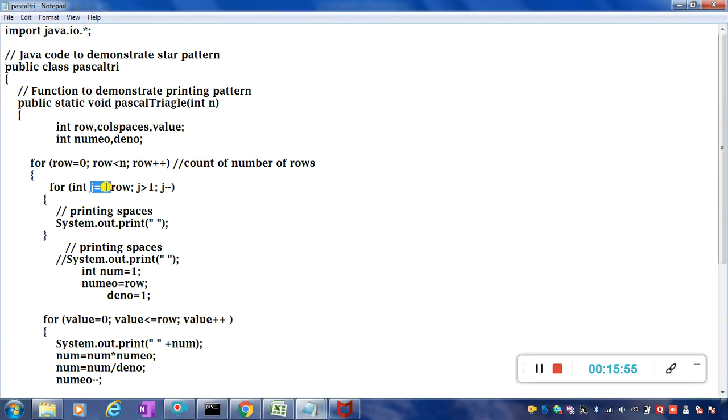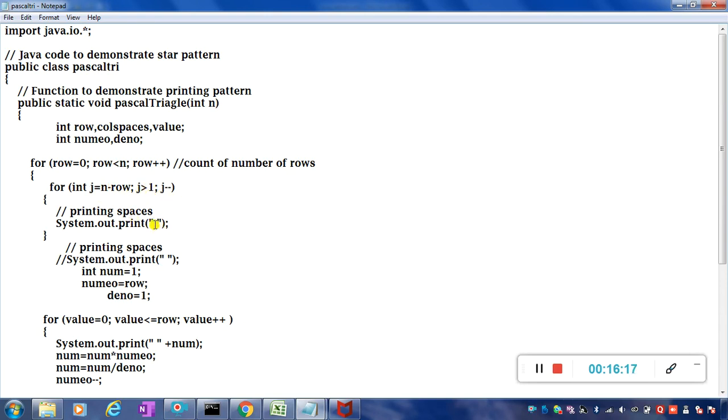Now the next is, as I told you, we have to print the spaces. For printing the spaces, j equal to n minus row, whatever is the value of n. N's value over here was 7, so 7 minus 0, so j is equal to 7, j greater than 1, j minus minus.